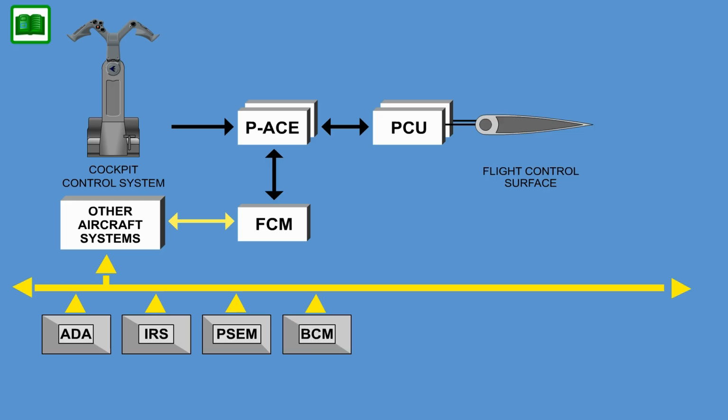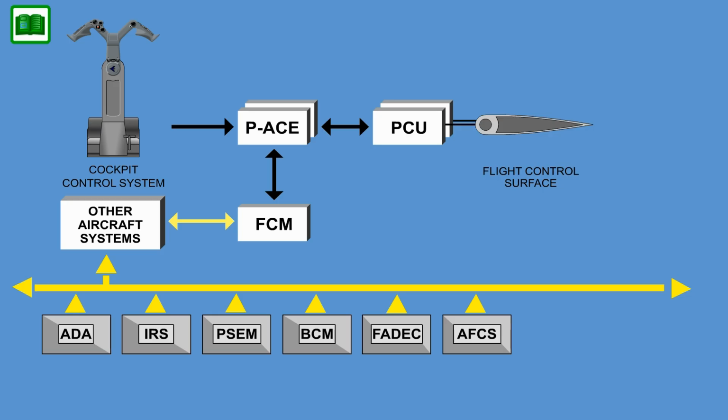Brake control modules provide wheel speed signals used for ground spoiler deployment. The FADECs provide thrust lever angle, TLA, to the flight control modules used for elevator thrust compensation. And the automatic flight control system provides autopilot commands.